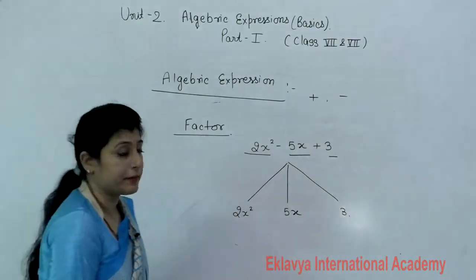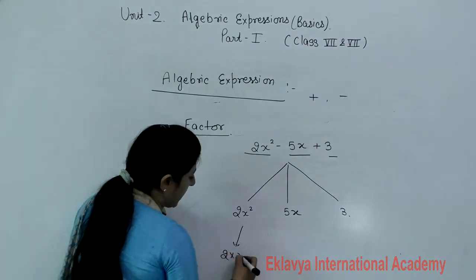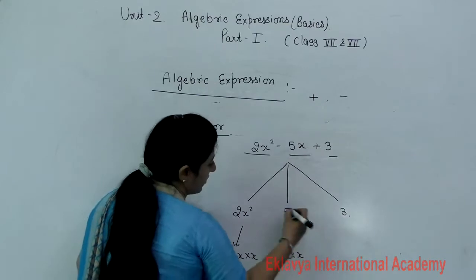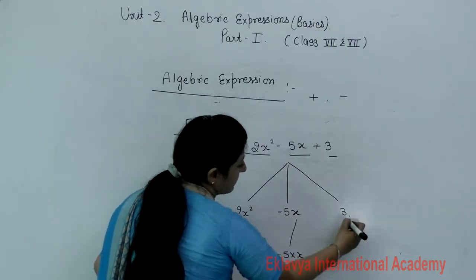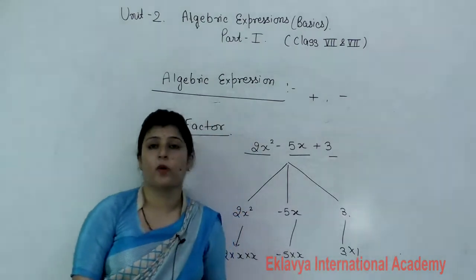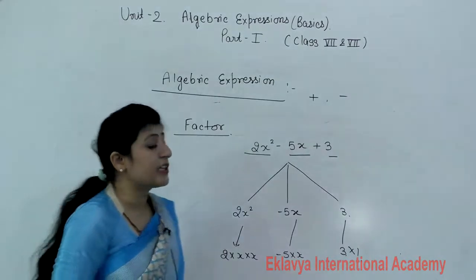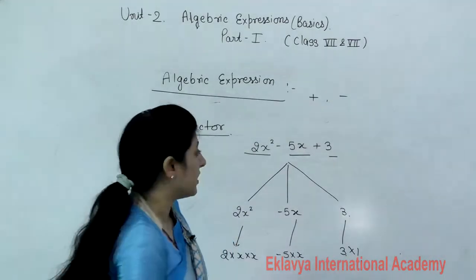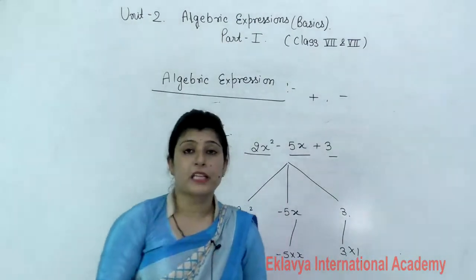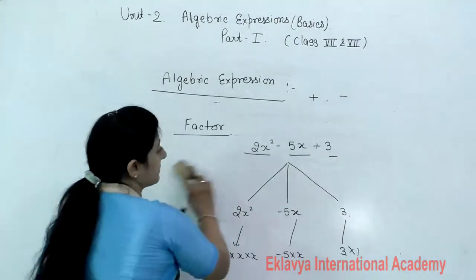I am not taking the mathematical operations here. The factors are 2 multiplied by x multiplied by x, then 5 into x, or if you take minus 5, then minus 5 into x. Here only 3, which means it is multiplied by 1. So this is how we represent the factors of a given expression, and the terms are separated by the mathematical operation, addition or subtraction.